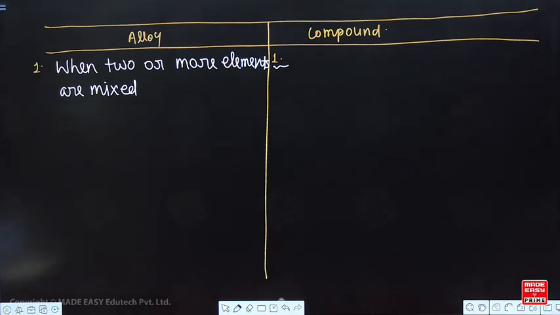In compound we will write: the individual components of a compound can be separated through chemical reactions. Full stop. Next point.